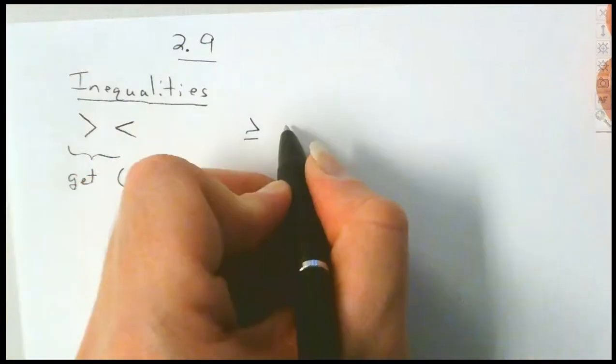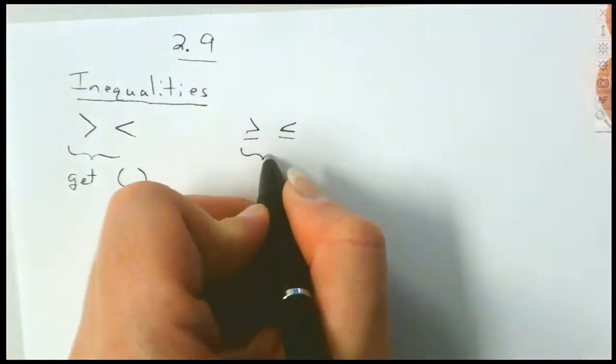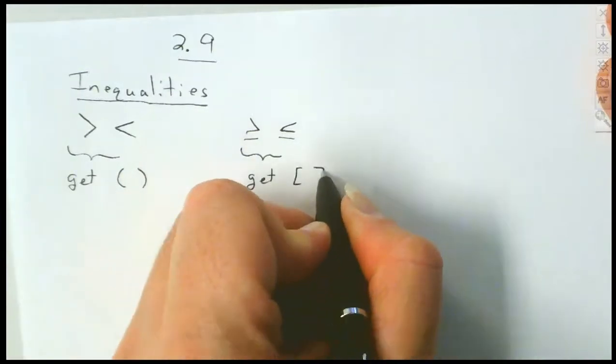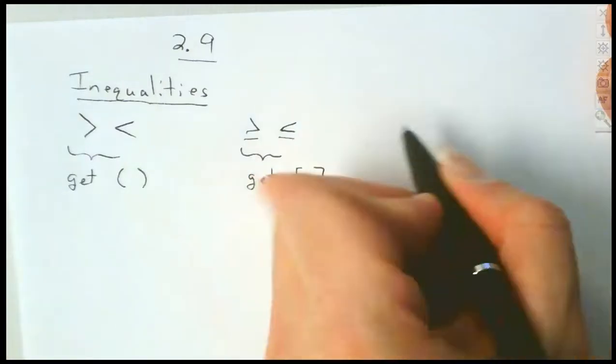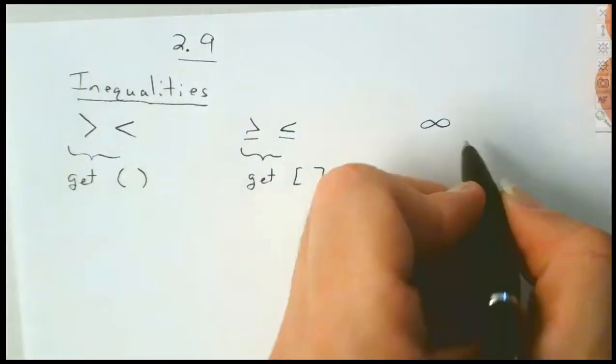Greater than or equal to, less than or equal to, these are going to get square brackets. And infinity, always, no matter what, gets parentheses.